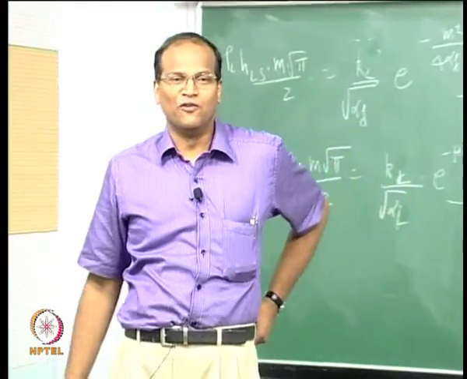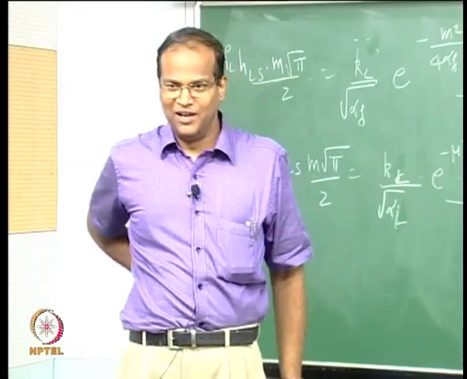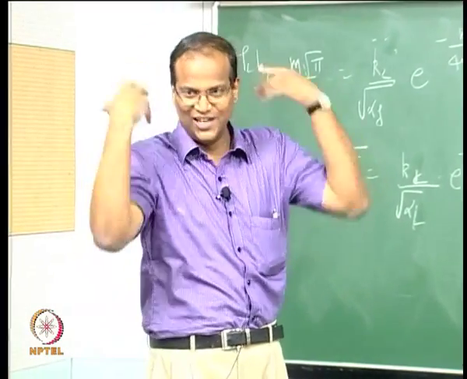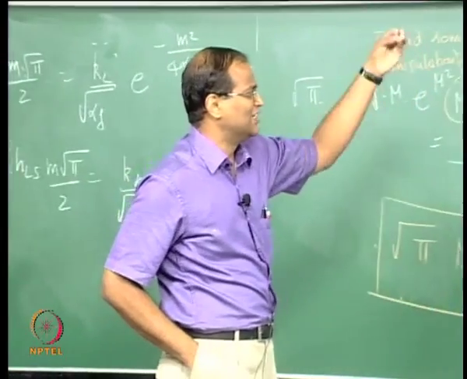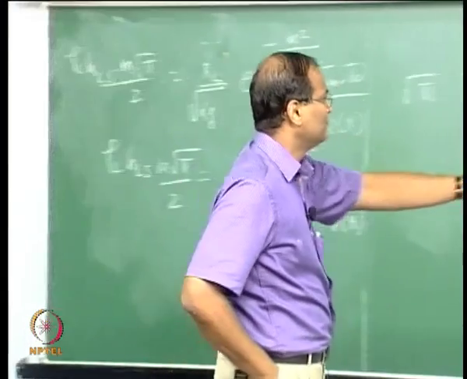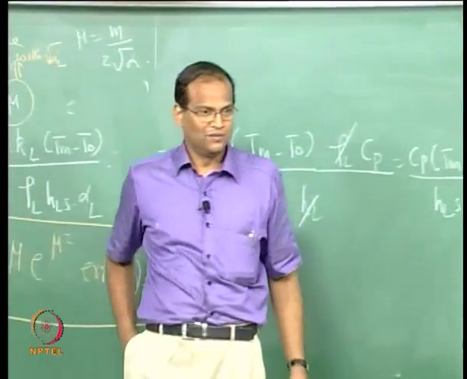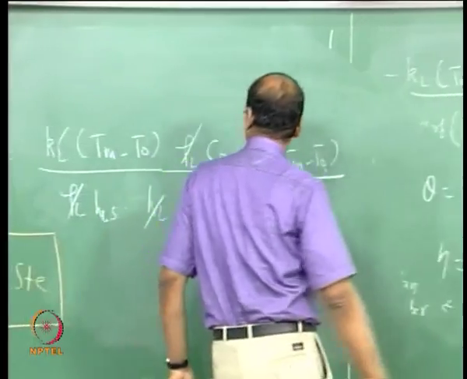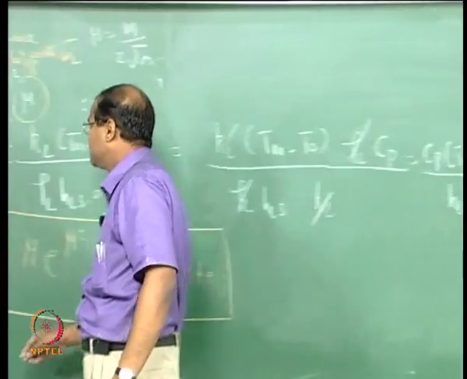Suppose you decide at the end of 15 minutes, up to 12 millimeter I want the melting. So you decide mu, everything you decide. Stefan number, Cp is not under your control, HLS is not under your control, Tm is not under your control, but T naught is under your control. It's T naught minus Tm. Did we make a mistake?